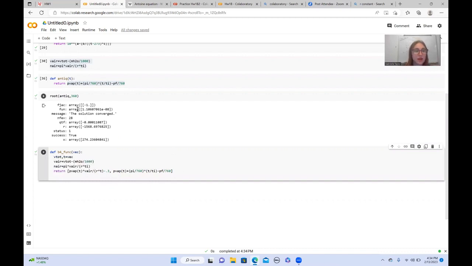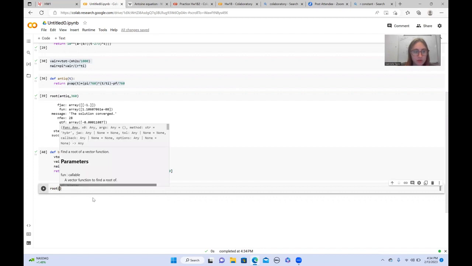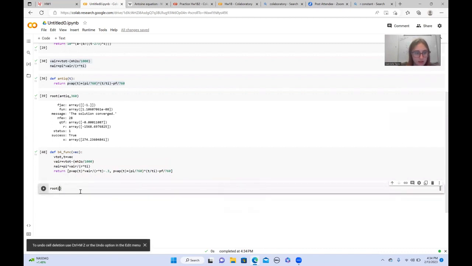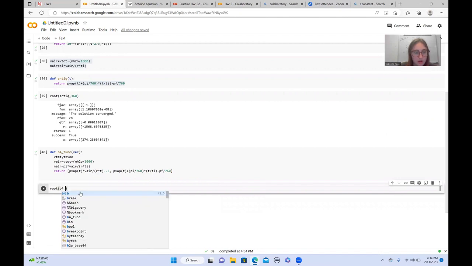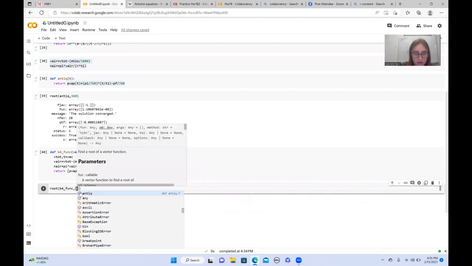Okay, so now let's code to return it. So our root function, right? First we're going to want the function we have, so it's going to be the B4 function. And we want this to be a list.